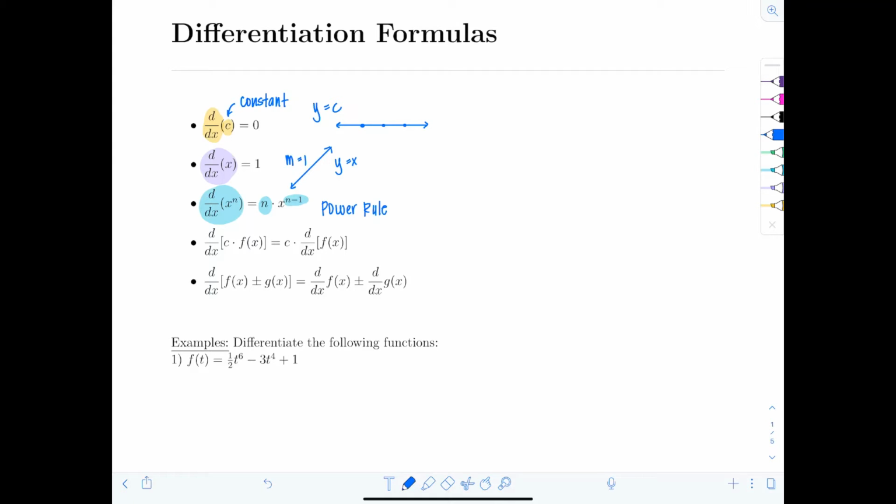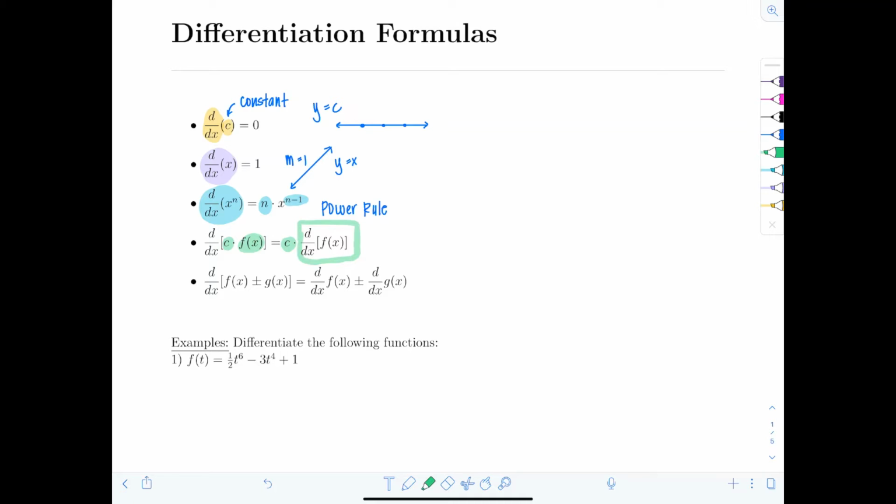Nice. Now the fourth rule: if you're differentiating with respect to x a constant times some function, the constant just comes along for the ride. It gets multiplied outside, and you just differentiate the function as you normally would.